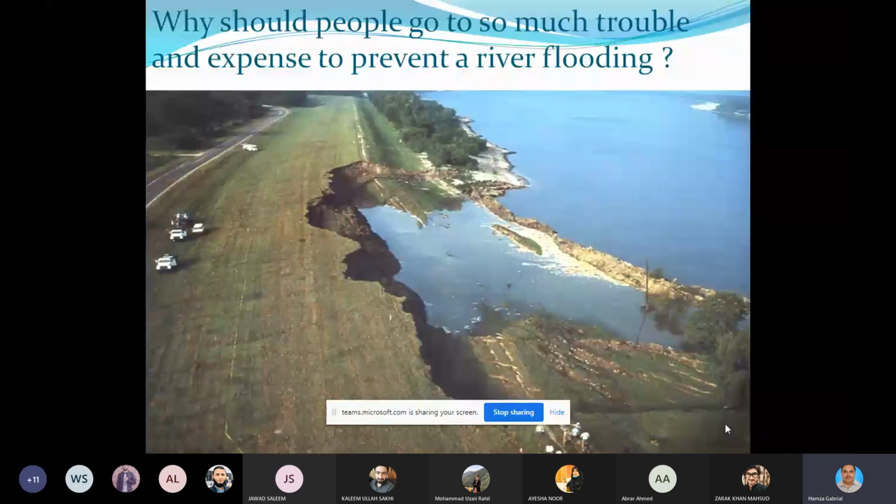So why should we construct these man-made levees or embankments? You see the consequences if we don't have such artificial levees. In the absence of those levees, it can be harmful for the adjacent area. Like in the photograph, you see the road has been damaged.